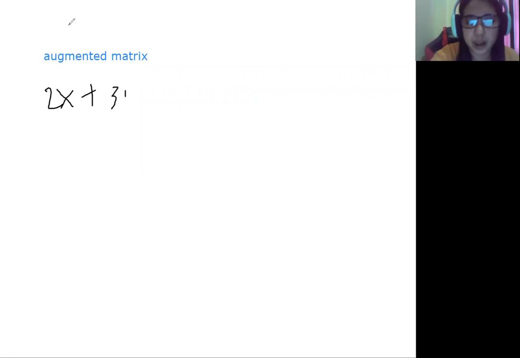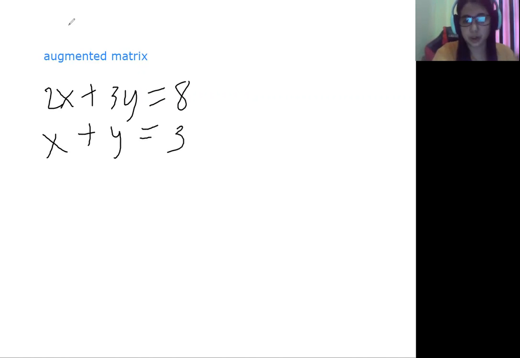Given this equation, we have 2x plus 3y is equal to 8, and x plus y is equal to 3. Of course, you have to arrange it so it's x, y, and a constant. This can be transformed into an augmented matrix by just copying the coefficients.